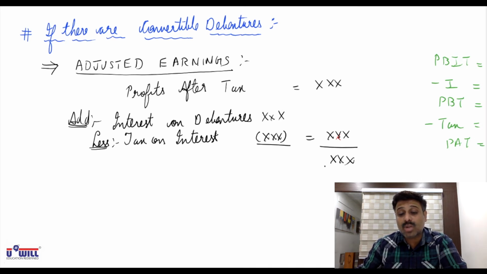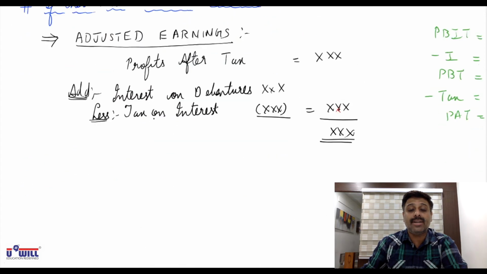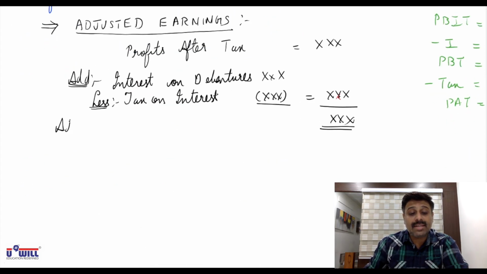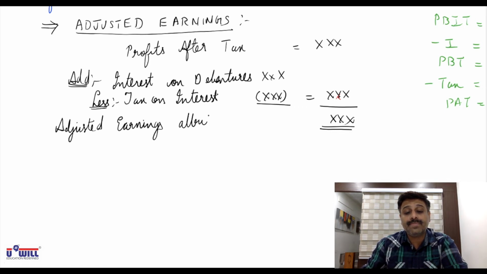And this is what is called as this numerator, adjusted earnings attributable to equity shareholders. So this is how we find our numerator.